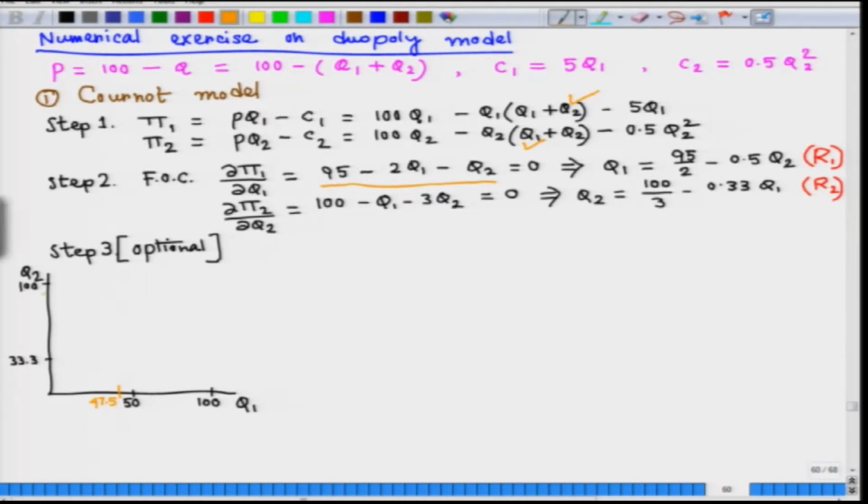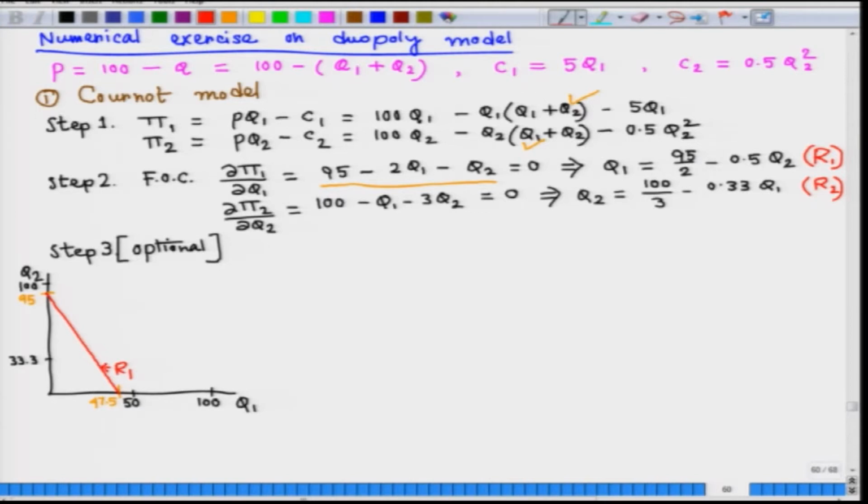So, somewhere here, right. Okay. So, now if I join these two points, I get my reaction function 1, or the reaction function of duopolist 1, right.